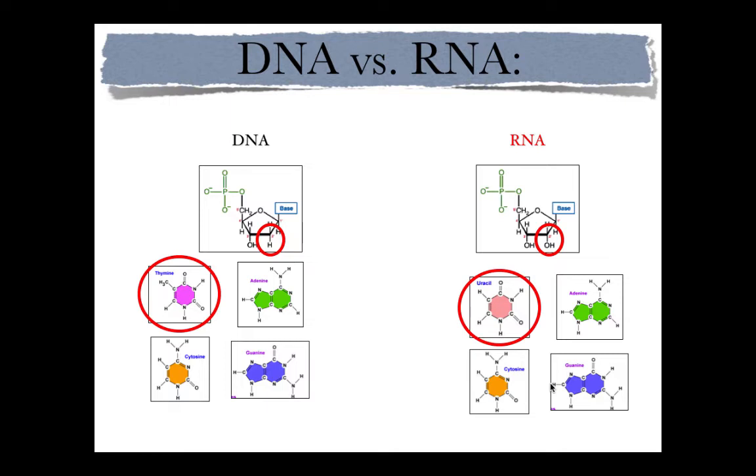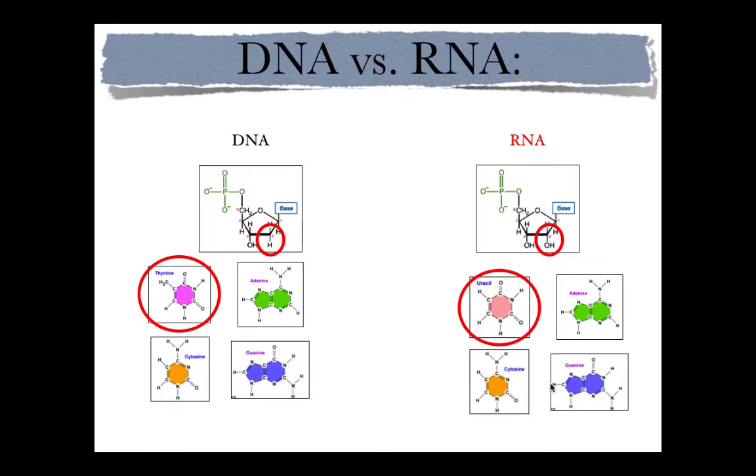But this is one of the other things that's unique. So that's one unique difference. You want to have in your notes unique differences between DNA and RNA: lack of that hydroxyl group on the ribose. Another thing, DNA is double-stranded. RNA strands are single-stranded.